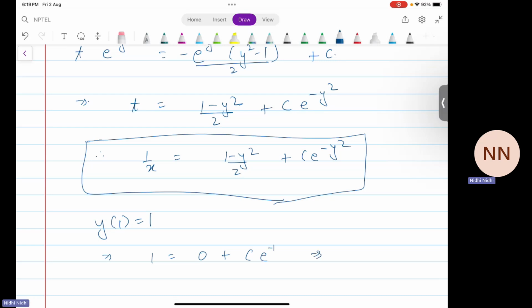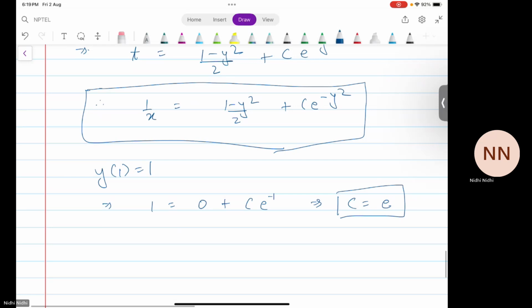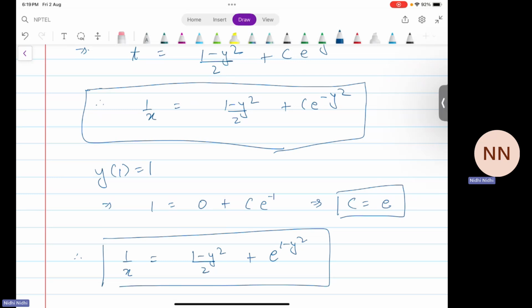This gives us c is equal to e. Therefore, our particular solution is 1 by x is equal to 1 minus y square by 2 plus e to the power 1 minus y square. This is our final solution.